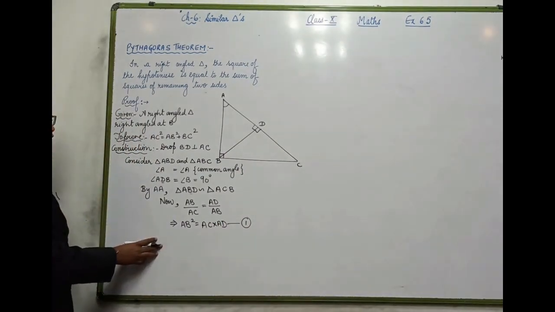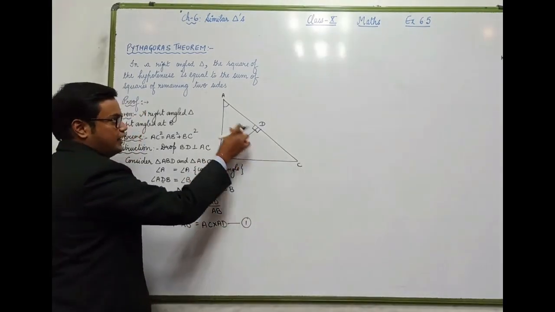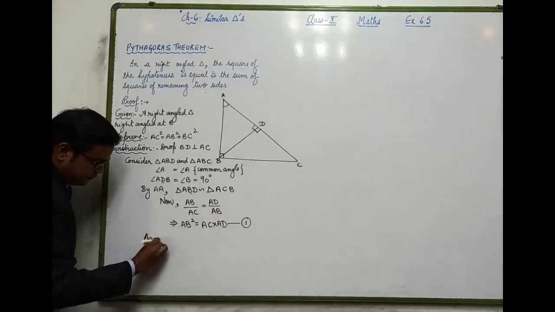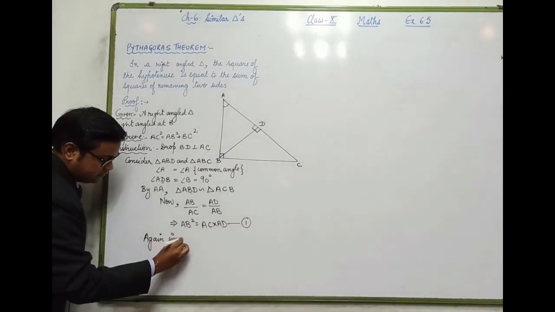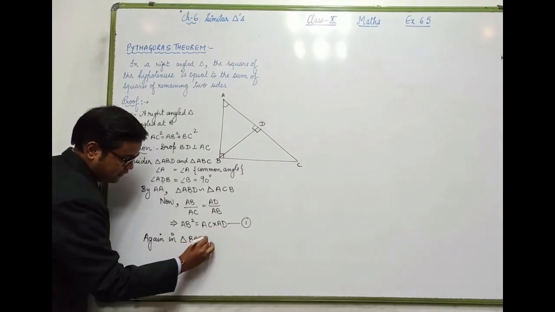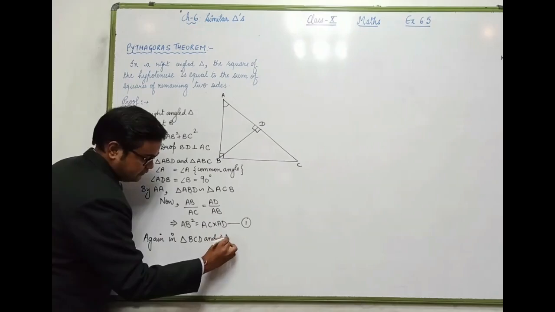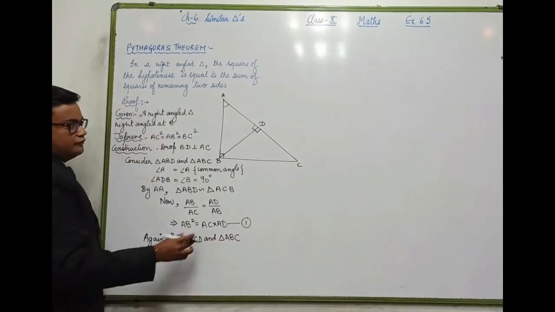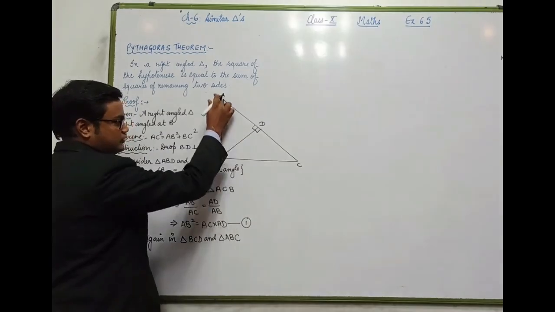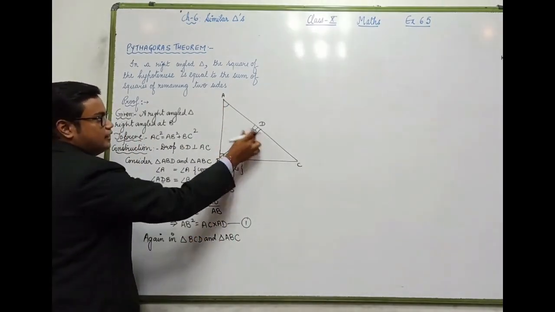Similarly, I have to take two triangles BCD and ABC. Again, in triangles BCD and ABC, we need to compare the smaller triangle BCD with the bigger triangle ABC, like we did with ABD and ABC.